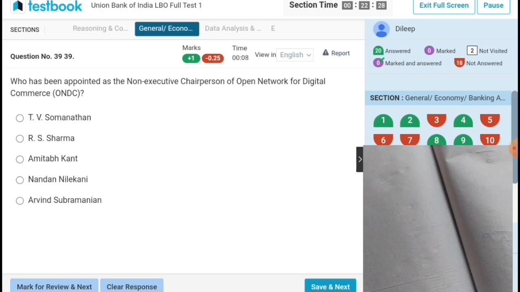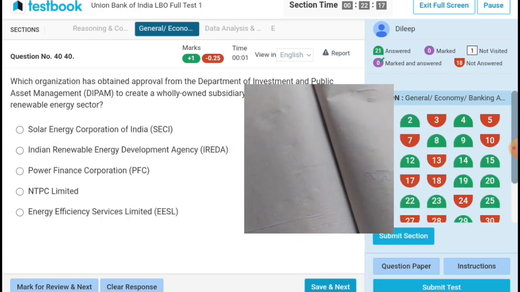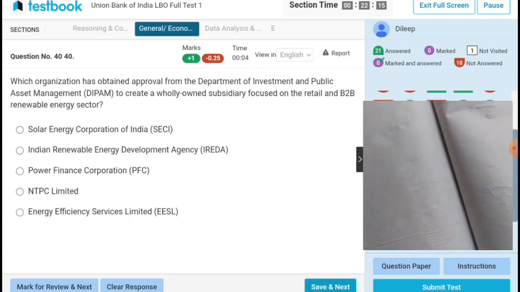TV Somanathan, who has been appointed as a non-executive chairperson of Open Network for Digital Commerce. Which organization obtained the approval from Department of Investment and Public Asset Management to create a wholly owned subsidiary focused on retail and back-to-back renewable energy sector? I think Indian Renewable Energy Development Agency.